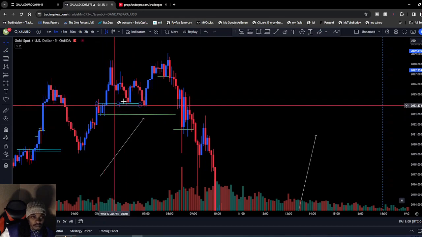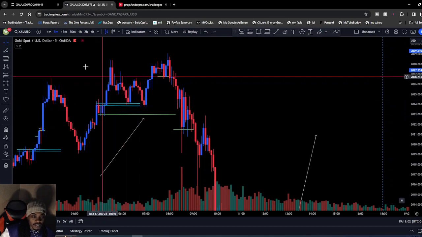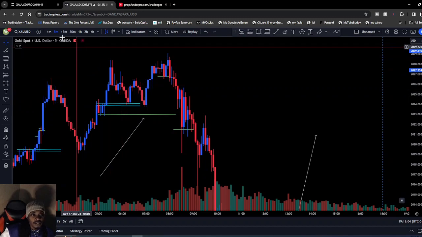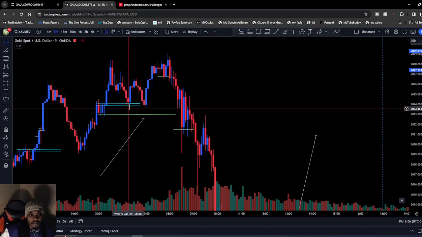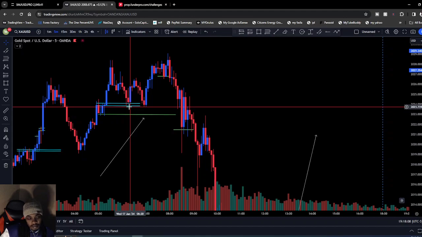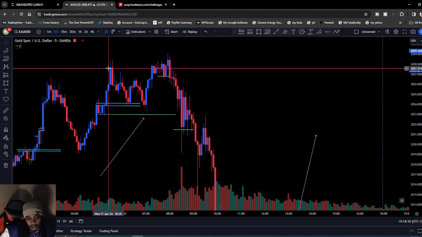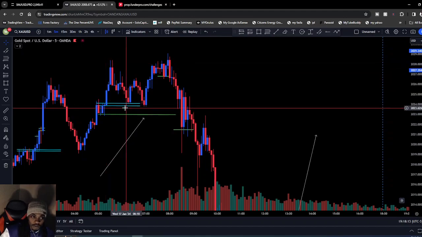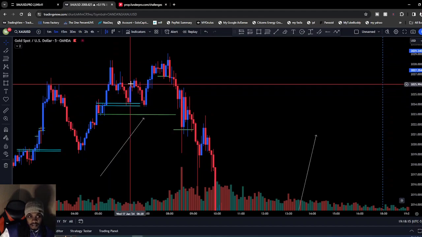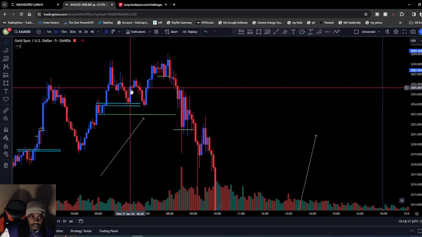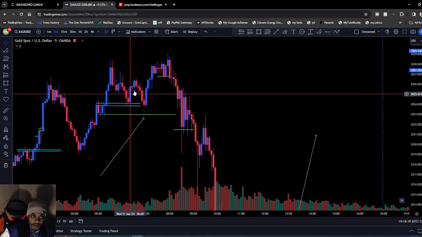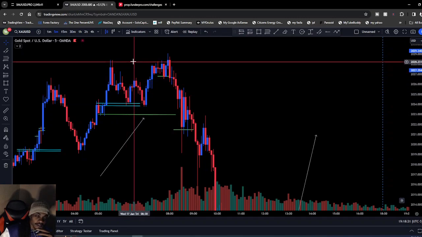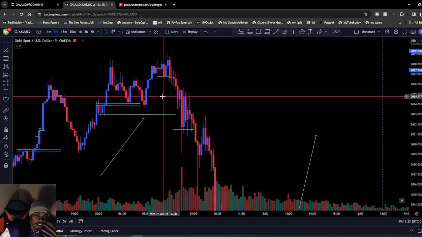You could have traded it like this. Since it's so close together, you could have gone down to the 1 minute, got an engulfing candle formation, and then targeted the body high or at least the wick high. Or you could have waited on the 5 minute, got an entry from here when this candle engulfed this one, and targeted the body high or the wick high. So there's multiple ways you can get in on this strategy.